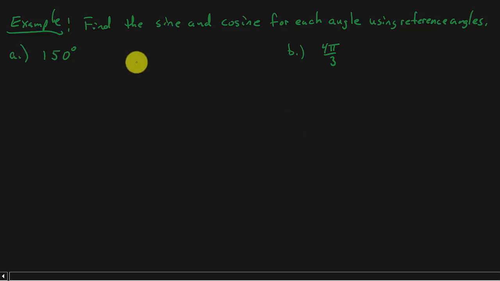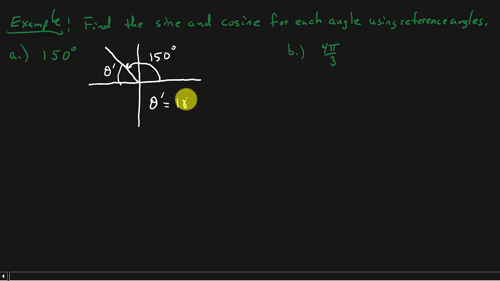So we've got 150 degrees. What I've got to do is get the reference angle. Here's 150 degrees, and here's my reference angle. I know my reference angle is 180 minus 150, which equals 30 degrees.